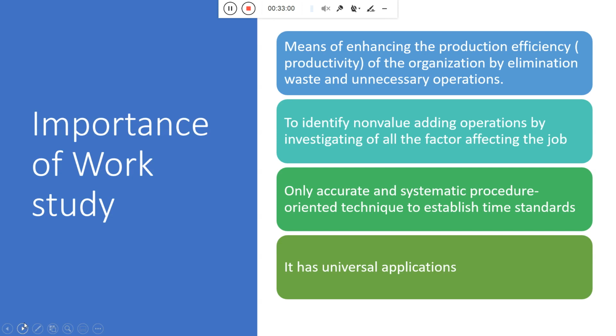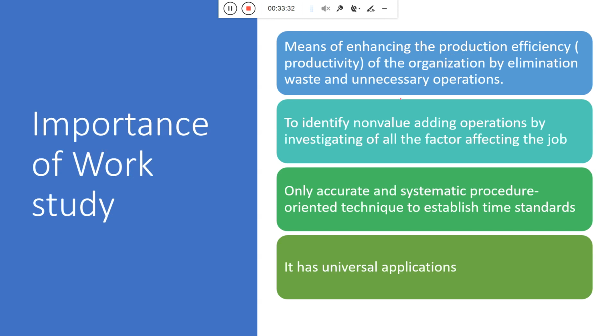The importance of work study is that it is a means of enhancing the production efficiency or productivity of the organization by eliminating waste and unnecessary operations. So what is the importance of work study? It enhances the productivity of the organization. How? By eliminating waste and unnecessary operations in your organization.